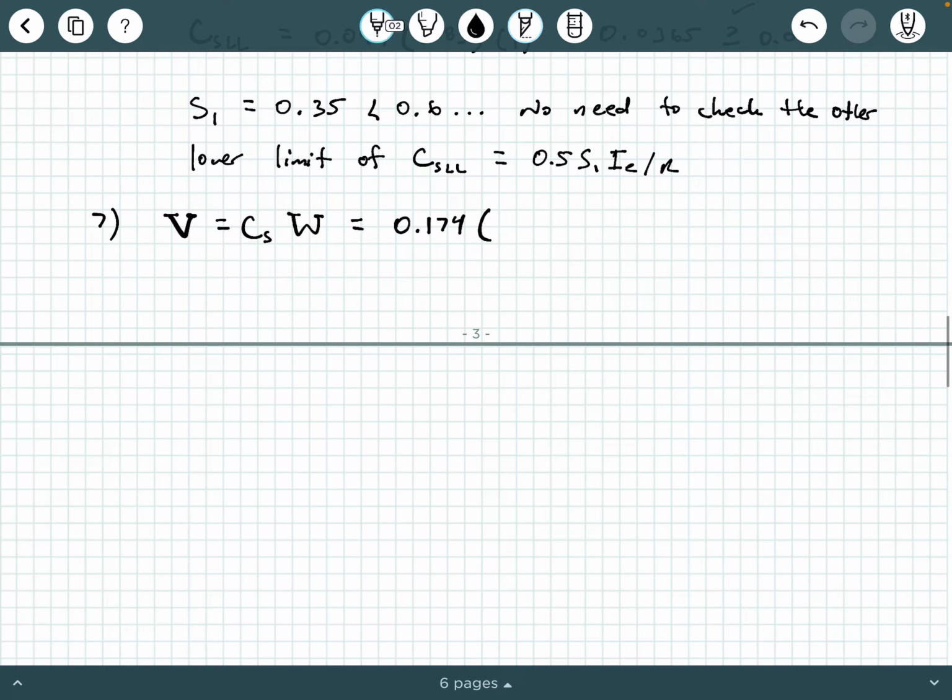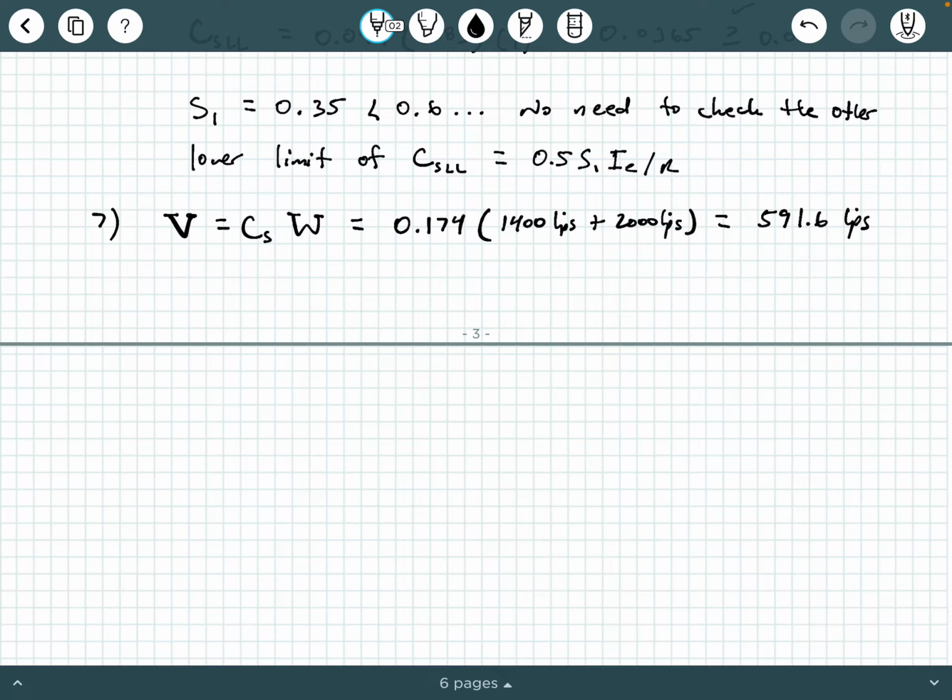Let's scroll on down. It's going to be 1,400 kips plus 2,000 kips equals, and let's punch this through, times 0.174. So this is about 591.6 kips is our seismic base shear. Okay.